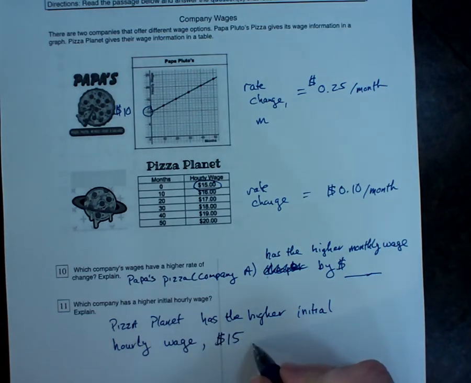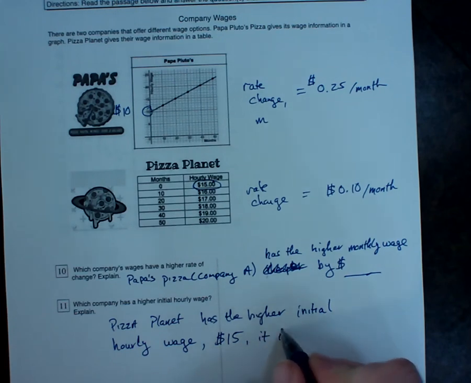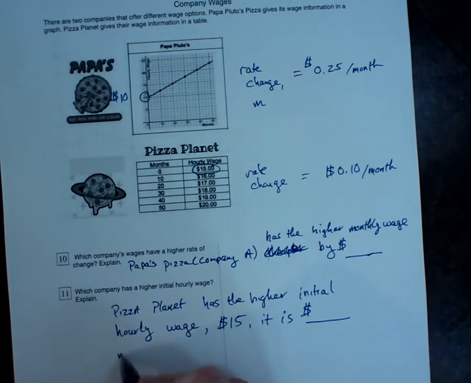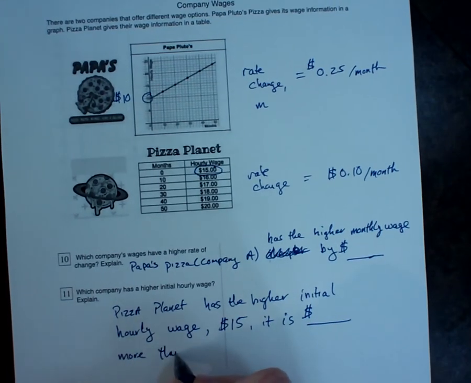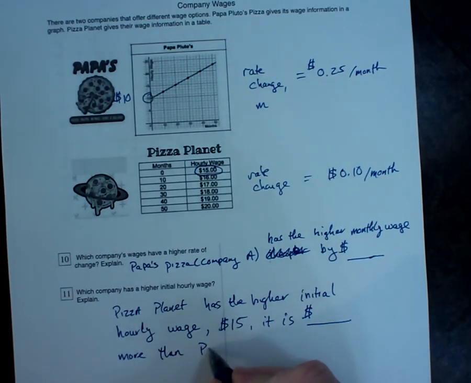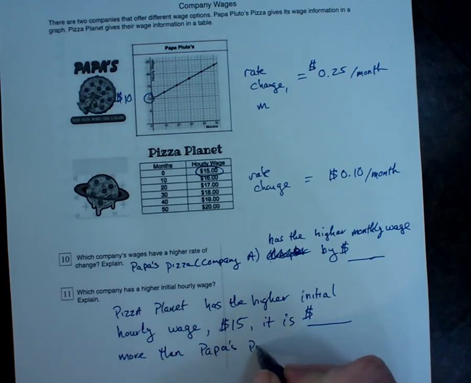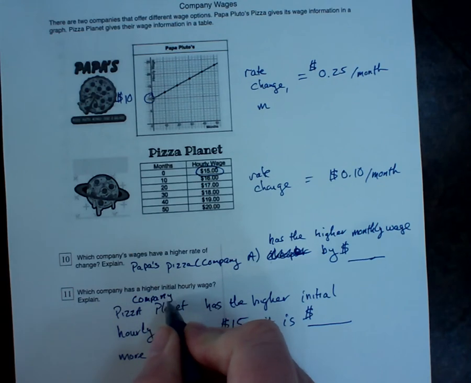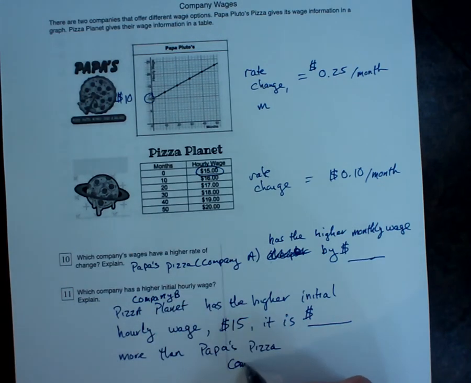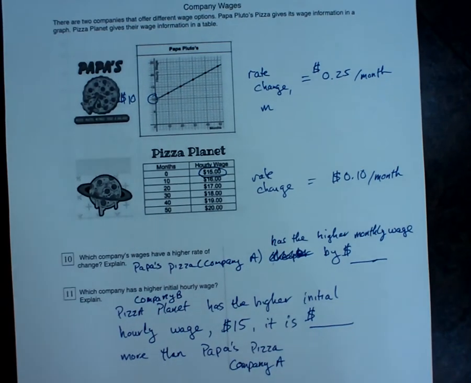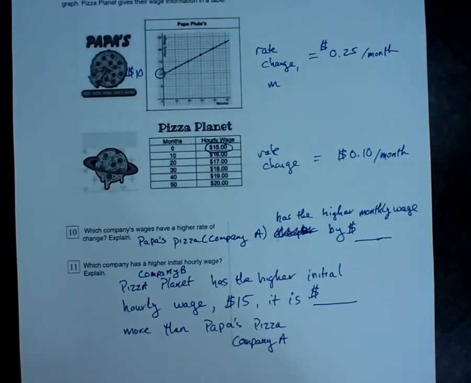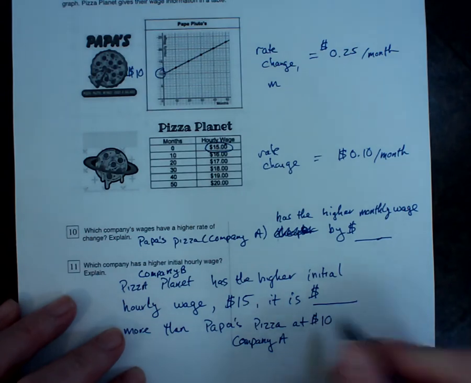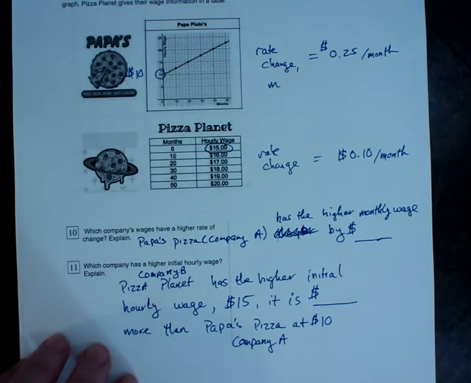It is how many dollars more than Papa's Pizza? So this is Company B, and this is Company A. Papa's Pizza is at $10. So how much difference is that?